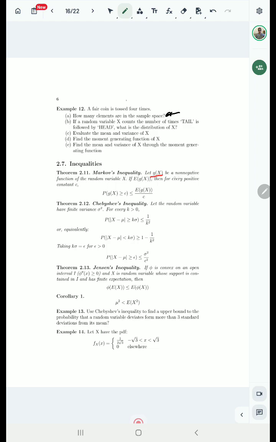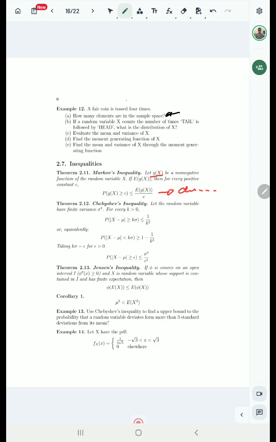If that is the case, then the probability that g(x) is greater than some positive constant c is less than or equal to the expectation of g(x) over c. And that leads to Chebyshev's inequality. There is a famous derivation of it. I don't want to repeat it.